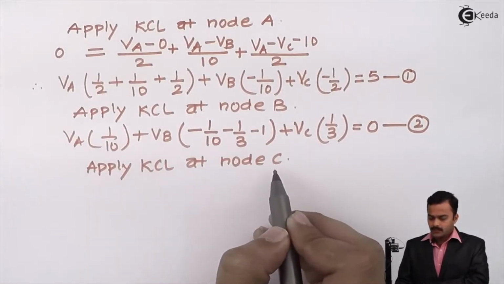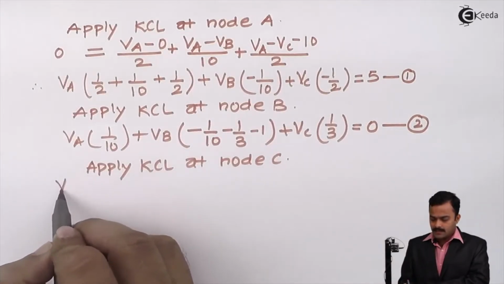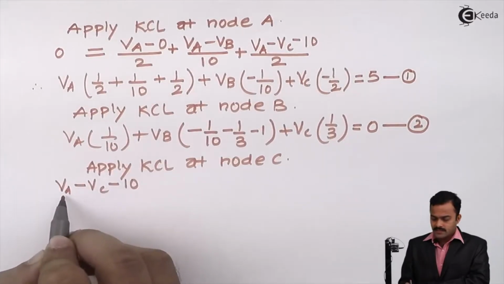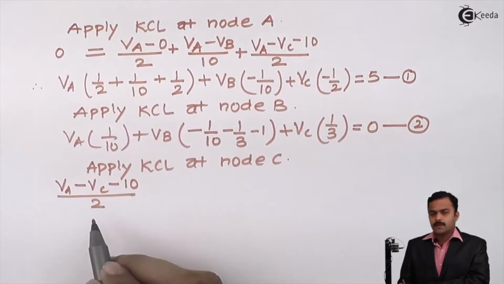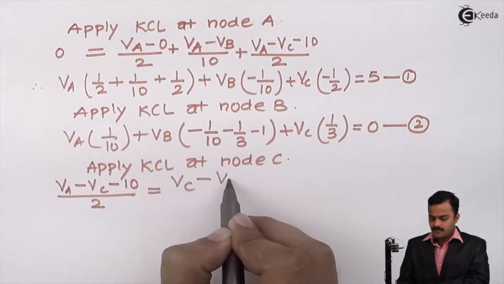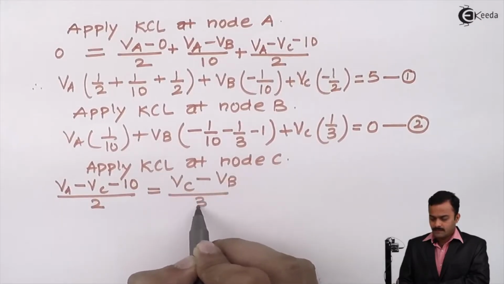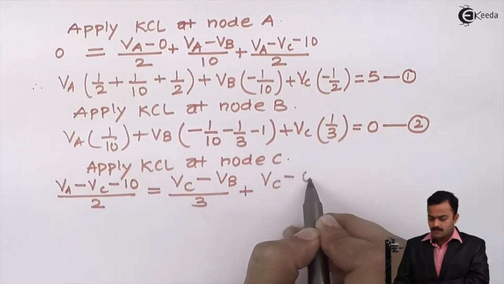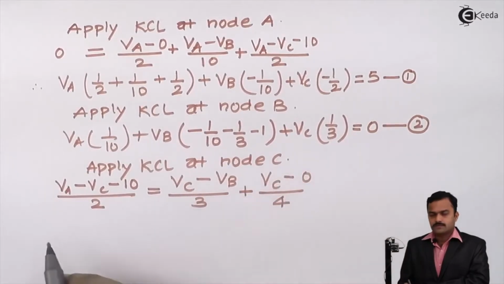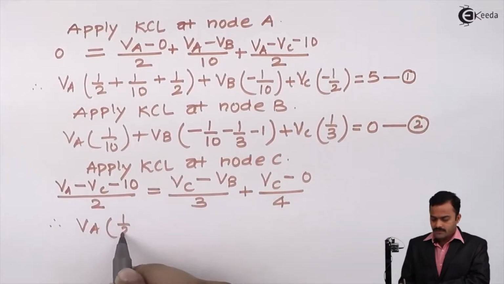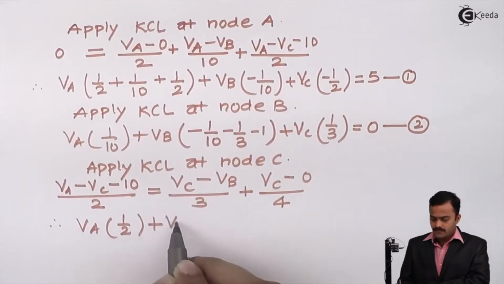Apply KCL at node C. The incoming current is started at A and ending on C in the direction of current, minus 10 volt divided by 2, the resistance, equal to the outgoing current (VC minus VB) divided by 3 and another outgoing current (VC minus 0) divided by 4. So after simplifying, I will get VA coefficient 1 by 2 plus VB.